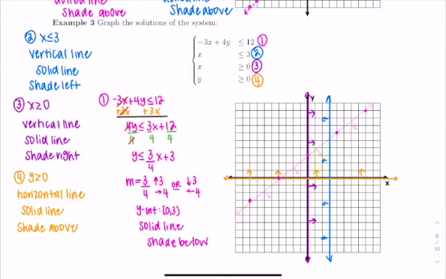And so we have a solid line, and we're shading below. And so the area that all of my arrows are pointing towards is going to be this little weirdly shaped area in the middle.